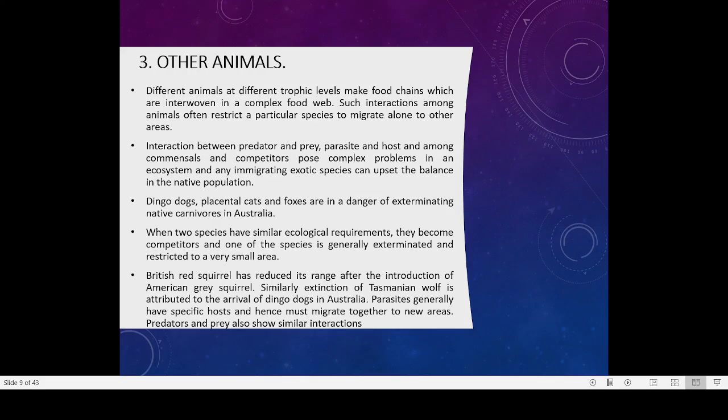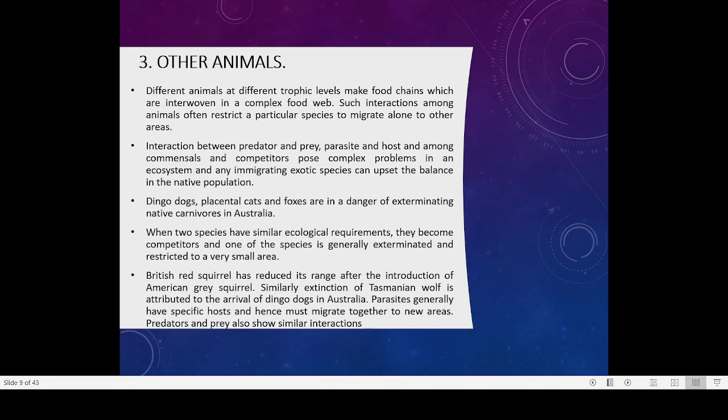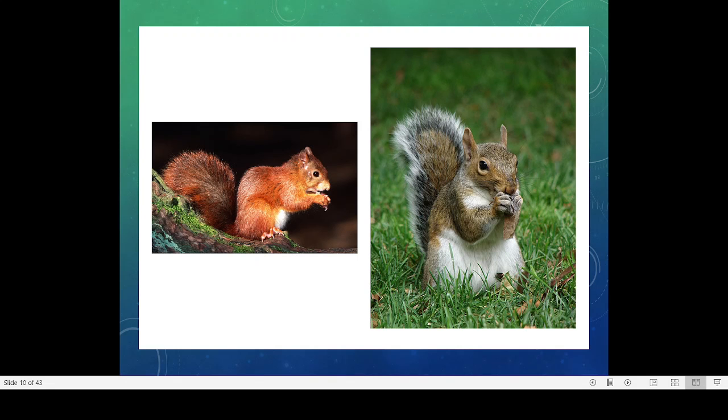Then, the British red squirrel has reduced its range after the introduction of the American grey squirrel. Here there are two types of squirrel. One is the red squirrel and the second is the grey squirrel. That is another example. Similarly, this is the American squirrel.